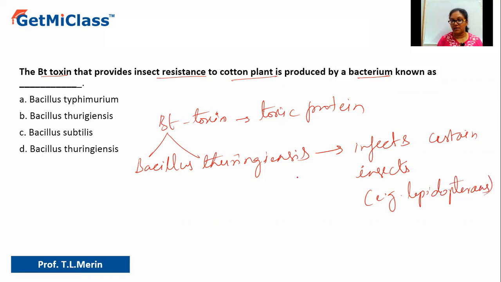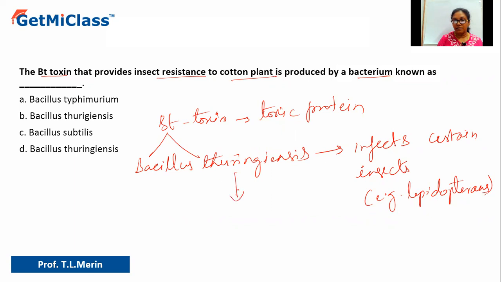So when Bacillus thuringiensis infects these lepidopterans or certain other groups of insects, they produce this toxin protein within the organism. They are specific. A specific type of Bt toxin can give resistance against a specific type of insect. Here I've just taken one example.